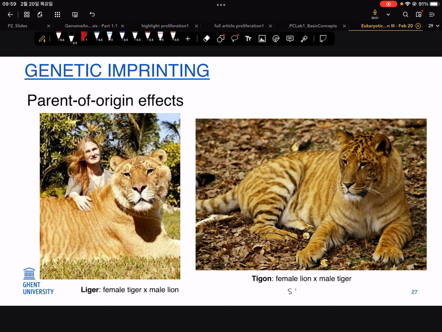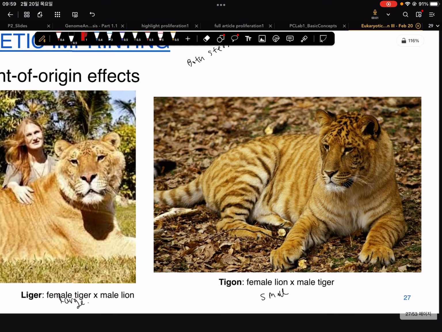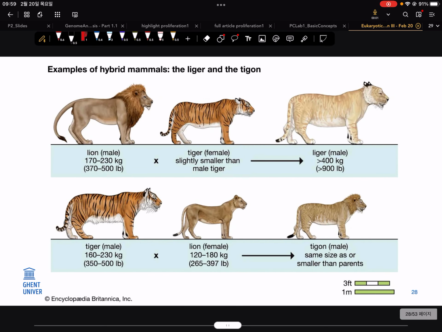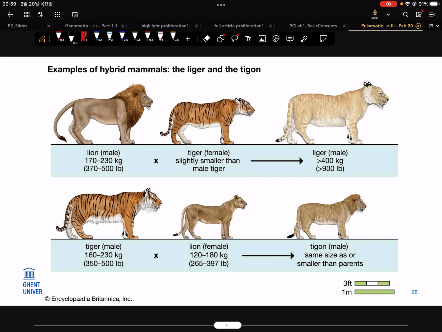Bred in zoos, but sterile. They cannot reproduce further. But these crosses are possible, and the differences between the reciprocal crosses are explained by imprinting. So here again, a male lion crossed with a female tiger, you get a huge animal.